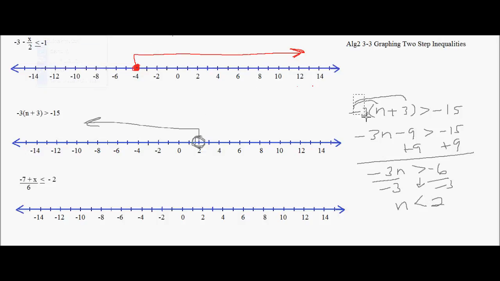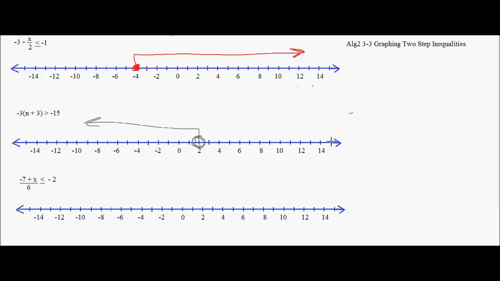Okay, last one. I'll use black. Okay, I get negative 7 plus x over 6 is less than or equal to negative 2. Okay, so I can't go after this.